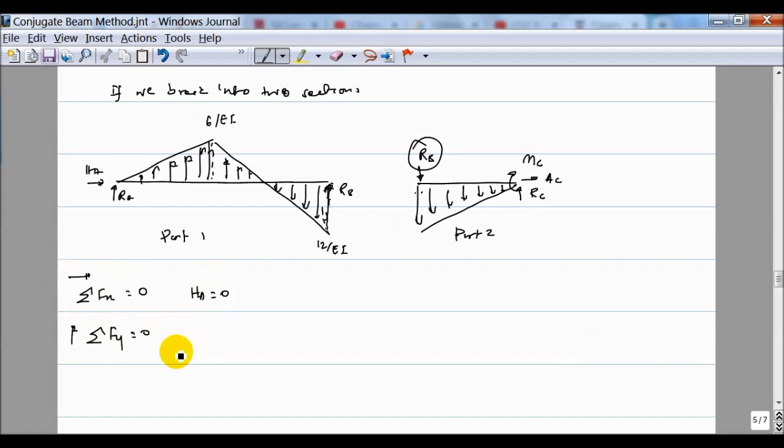In that case you'll have RA plus RB plus the load due to this upward action. Now I need to find this point, because I know this one is 3 meters, but I don't know what this distance is.